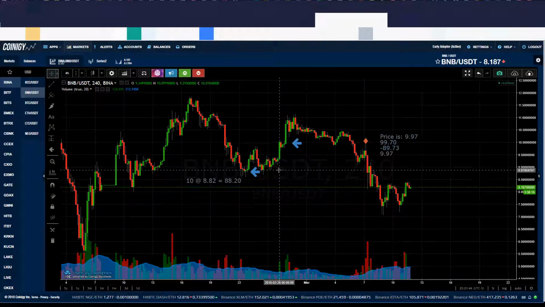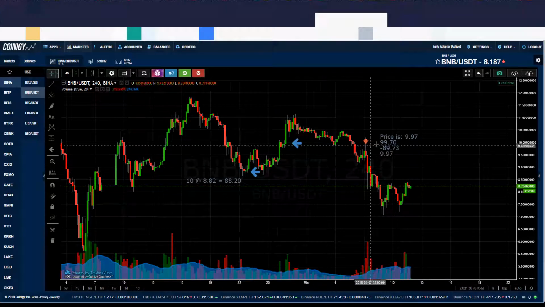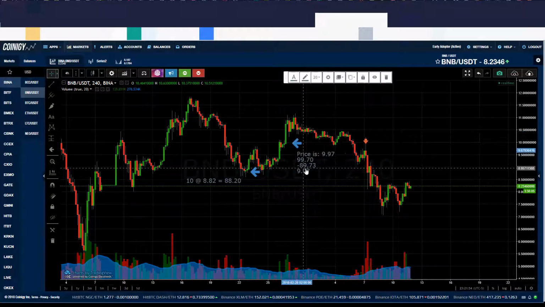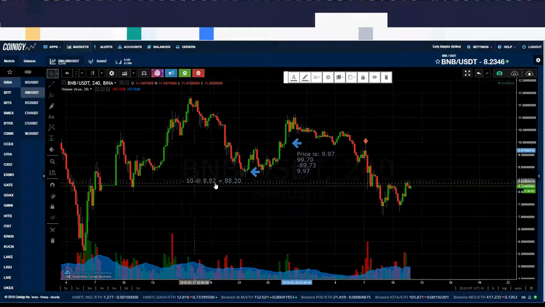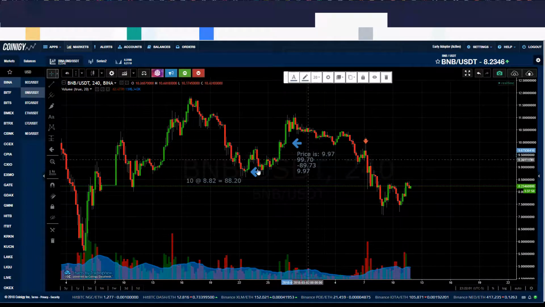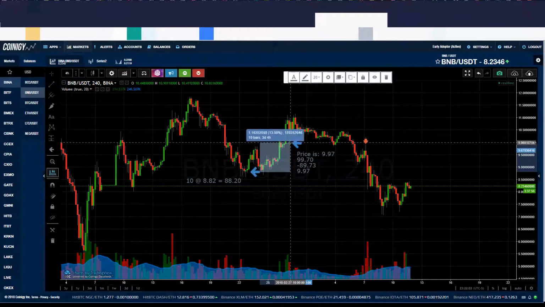And then generally when it gets to 10%, 11%, you would cash out of your position. Here is the actual math of cashing out. You had 10 coins at $8.82, you spent $88.20, and the price is $9.97. So the price went from here to here, which is about 13% or so.